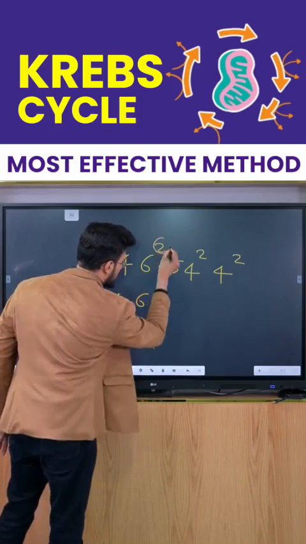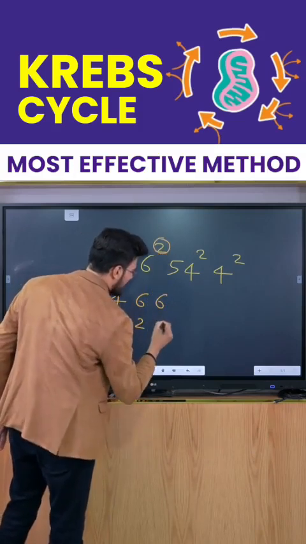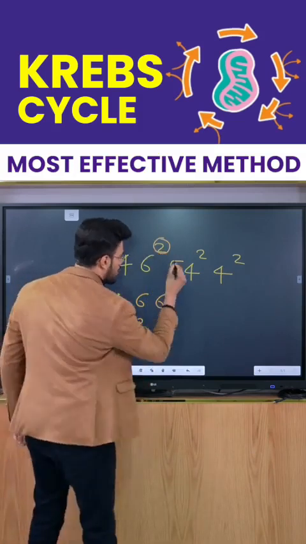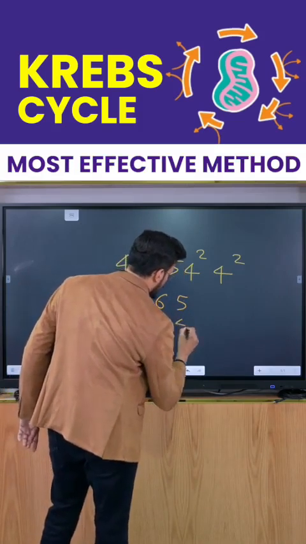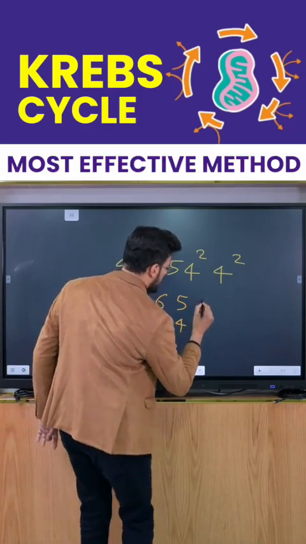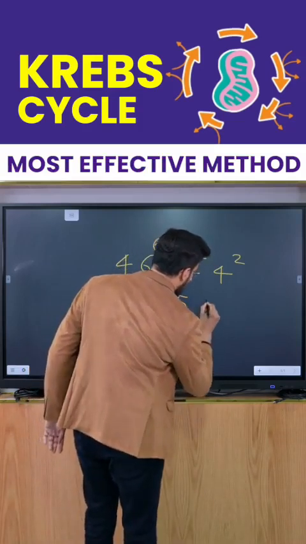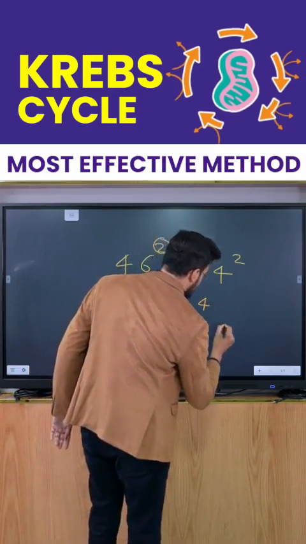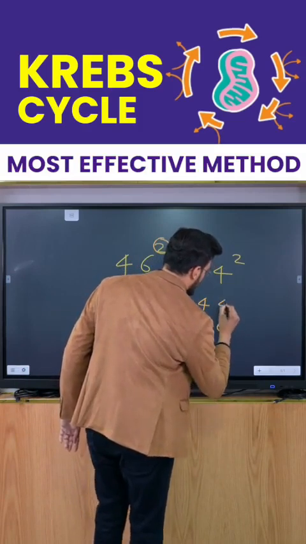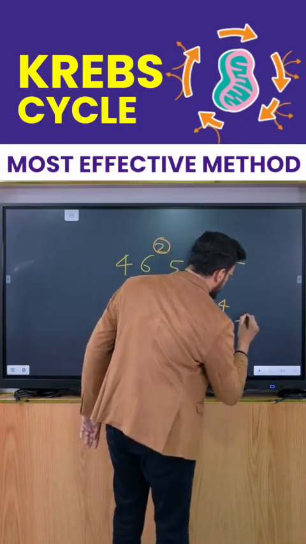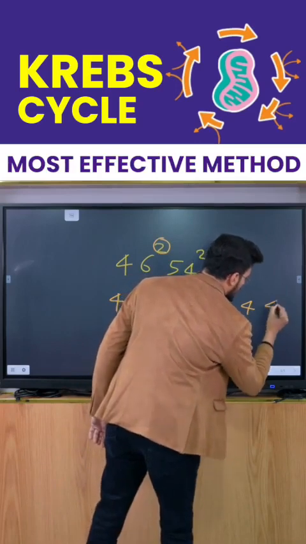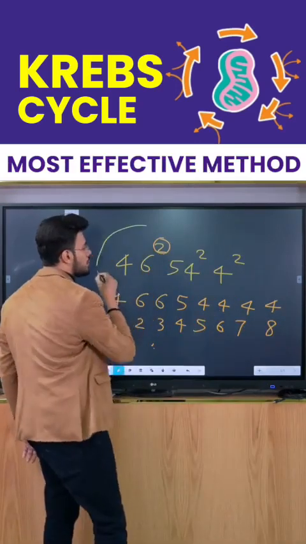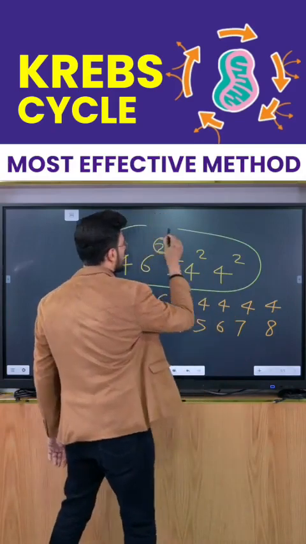Third step also you are getting 6 carbon. In fourth step you are getting 5 carbons. In fifth step you are getting 4 carbon. In sixth step you are getting 4 carbons. In seventh step you are getting 4 carbons. And in eighth step also there are 4 carbons. So you just have to remember this to answer these questions.